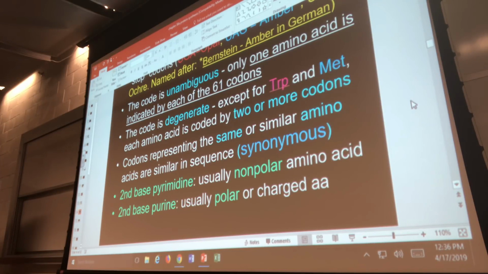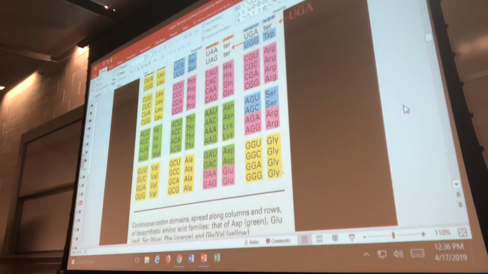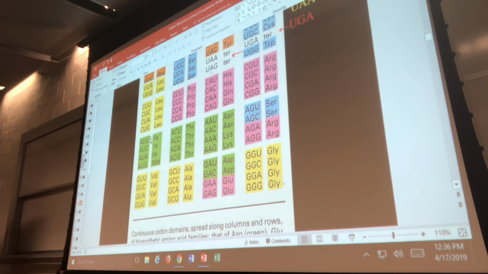Let me see if I can find an example. Like AUU and CUG would be synonymous codons because they both code for what category of amino acid? What are isoleucine and leucine? Anyone remember the 4 categories of amino acids? What are isoleucine and leucine? Nonpolar. So the codons that code for 2 nonpolar amino acids would be synonymous codons.